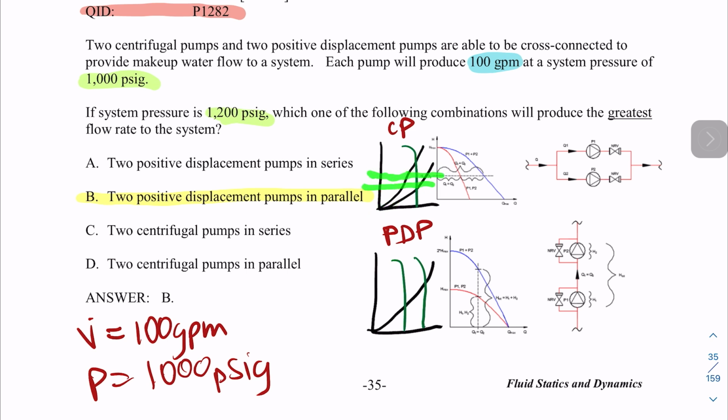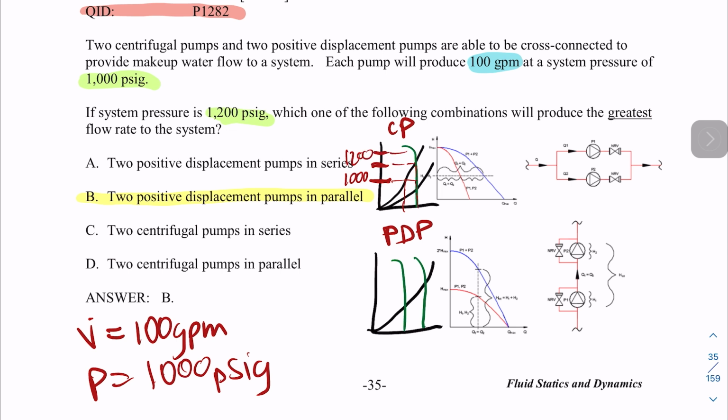If we reduce the head, we're going to be able to reduce our flow. That's going to be important to know. So if we're operating at 1000, we're going to have a lower flow. If we operate at 1200, we're going to have a higher flow.